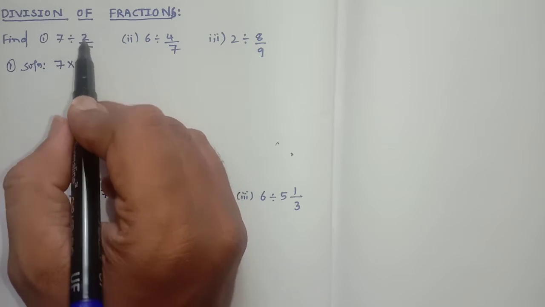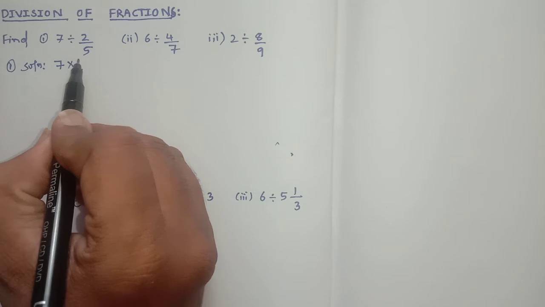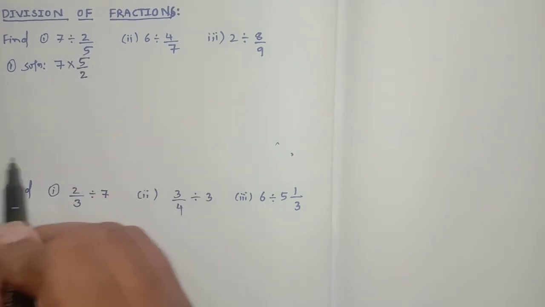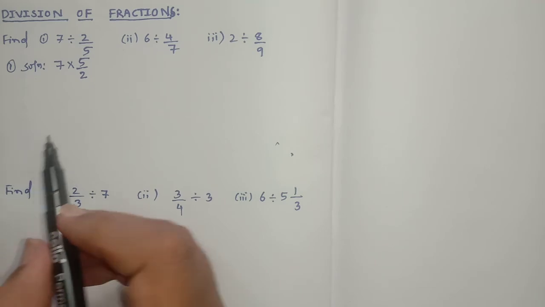What is the reciprocal of 2 by 5? That is 5 by 2, student. Reciprocal of 2 by 5 is 5 by 2.